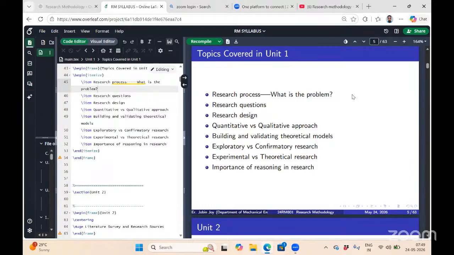So in theoretical model development, we have to identify the variables involved and the relations between these variables. Then the researcher will develop equations or conceptual frameworks. Once the model is developed, the next step is validation with the help of experimental data.